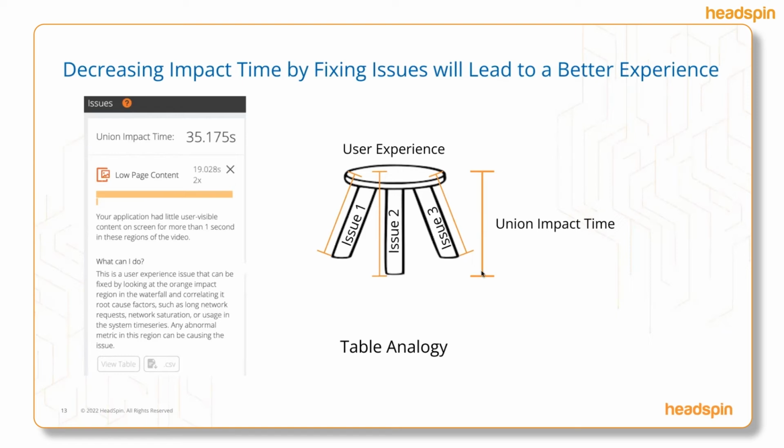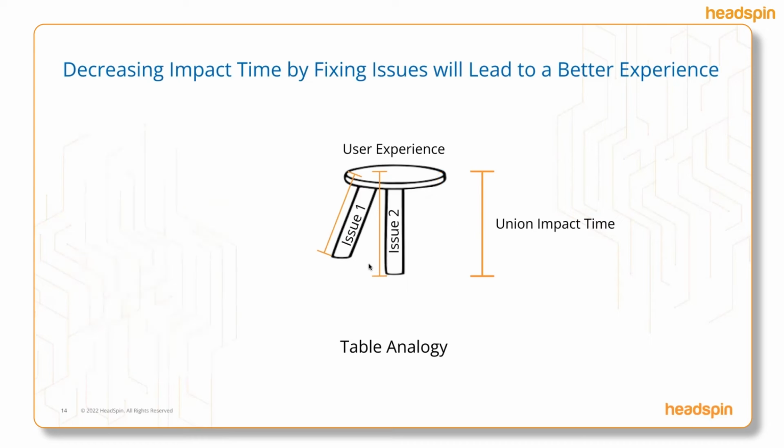And so if we imagine that the tabletop corresponds to the user experience and to basically issues that are pulling the user experience away from where you want it to be, maybe at the floor level, for example, then this union impact time is really measuring the height of that table. And each issue or each leg of this table has its own impact time or its own length, right? That contributes to the overall height of this table.